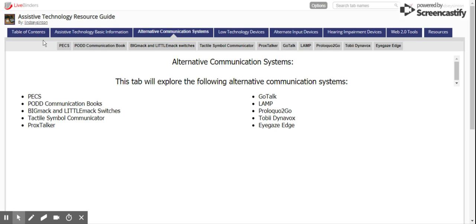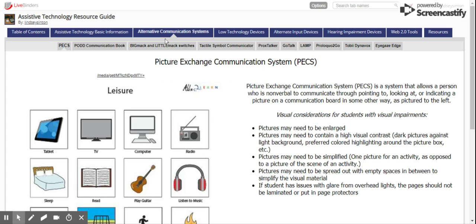And if you were to look at the subtab for the picture exchange communication system, you would see there's a brief description of what the system is, and then you see a picture of the system, and then the visual considerations for that specific system. And every device and tool follows the same format where there's a short description, the visual considerations, and a picture. So it's simple and easy to look at.